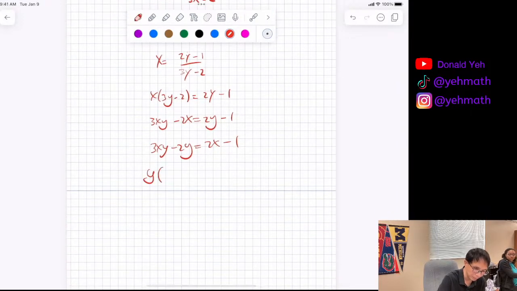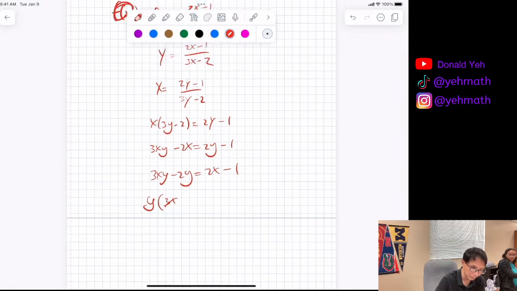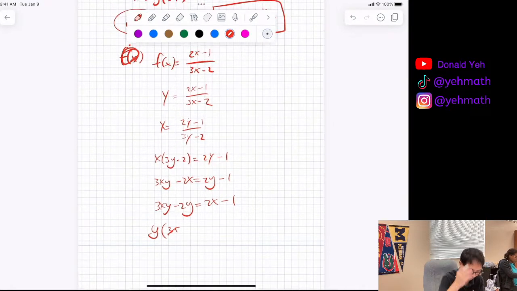Where did you multiply the 3? At the beginning? It's the same equation.